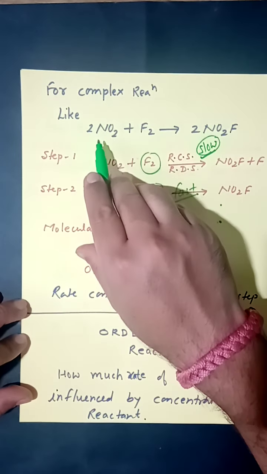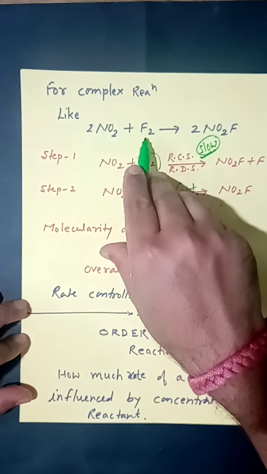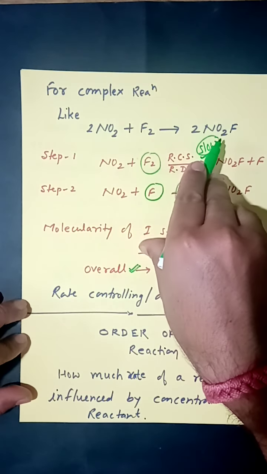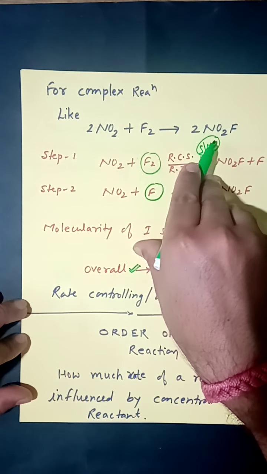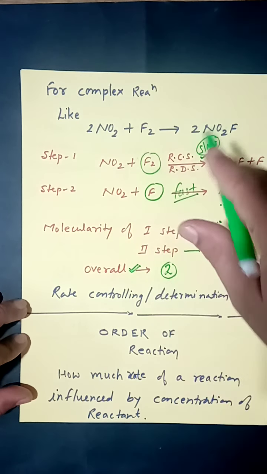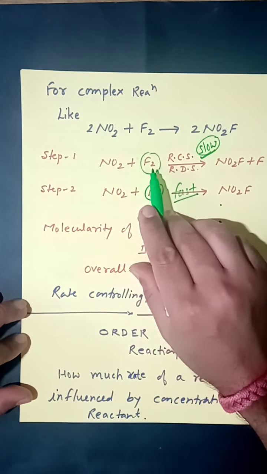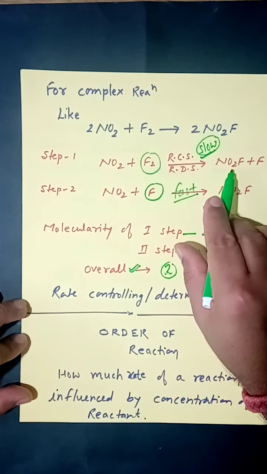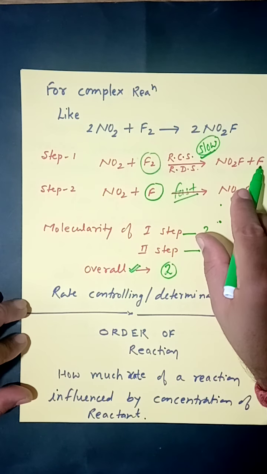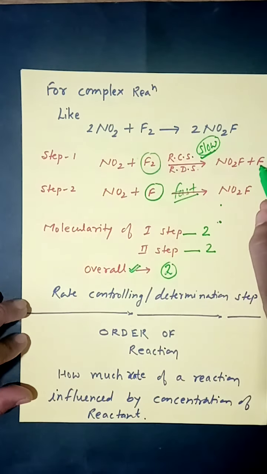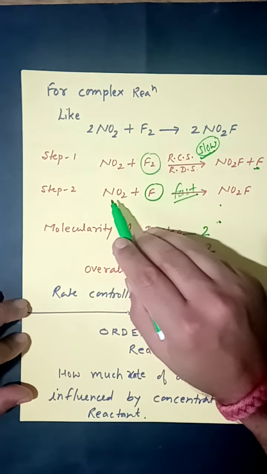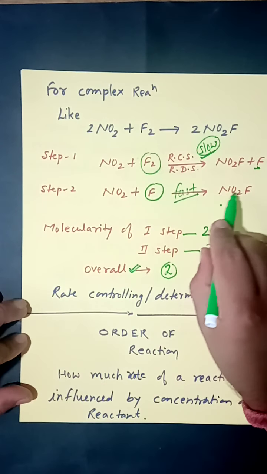One example is nitrogen dioxide reacting with fluorine to convert into NO2F. This reaction completes in 2 steps. Step 1 involves the reaction between NO2 and F2 converting into NO2F plus F. In the second step, this F reacts and converts finally into NO2F.